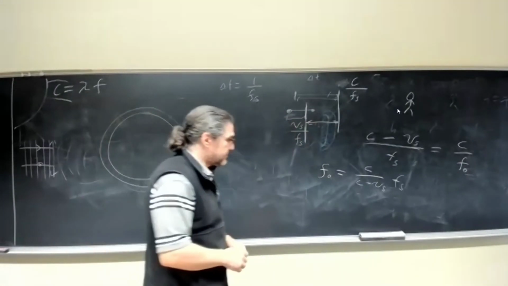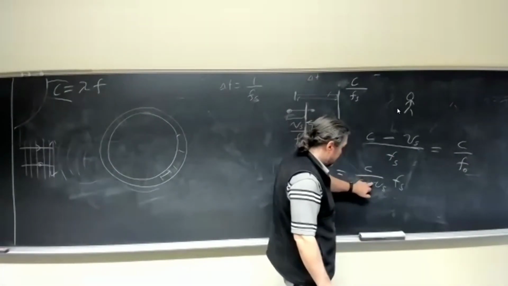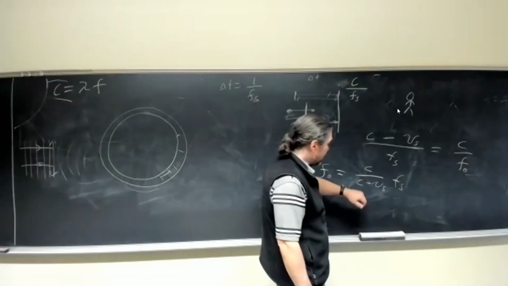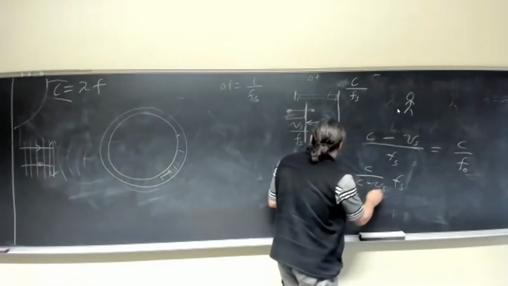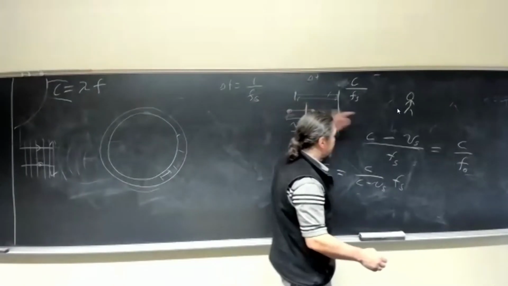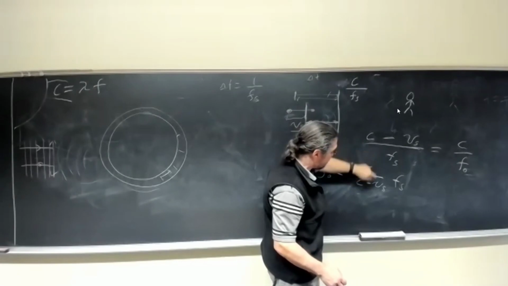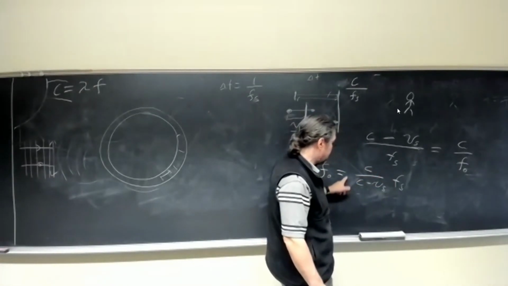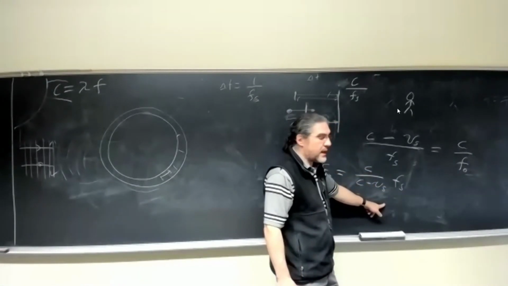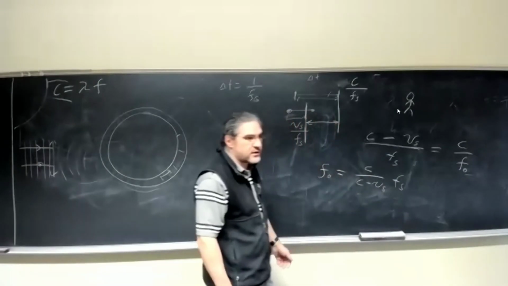That makes sense? So if the velocity is towards the observer, then what I have in the numerator is larger than what I have in the denominator. So this is larger than 1, and the frequency which I observe is larger than the frequency of the source.